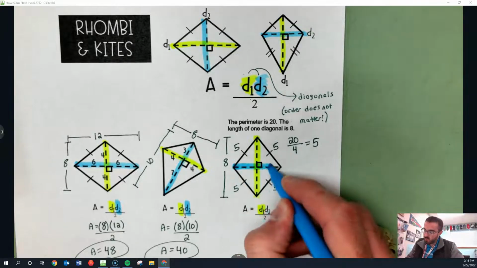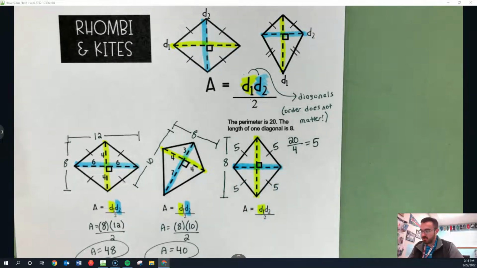Cool. But we do not know the measure of the other diagonal, do we? We do not know the measure of the other diagonal. So I'm going to tell you how we do that. It's going to get kind of crazy. Hang with me.